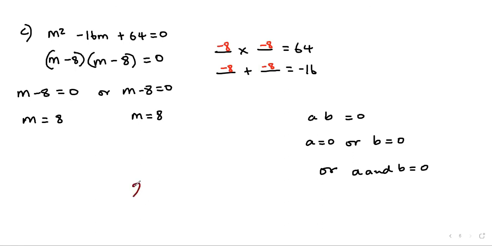If you have 2x squared plus 5x minus 12 equals 0, what is x? Think about how to solve that, and we can talk on Thursday.